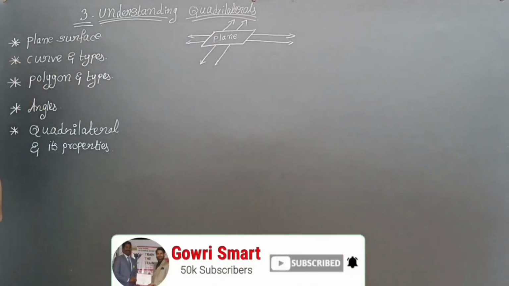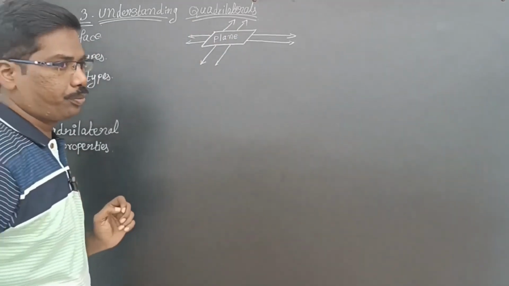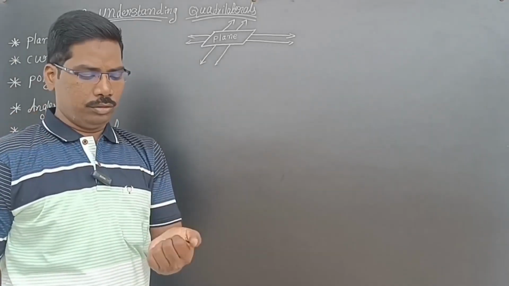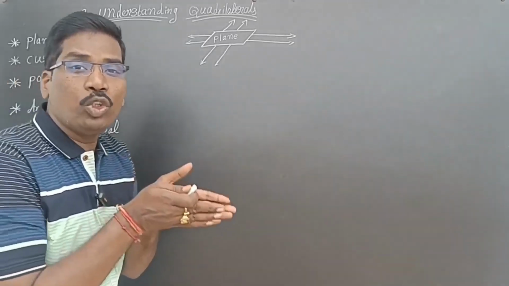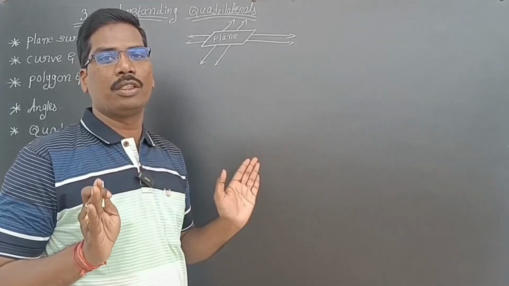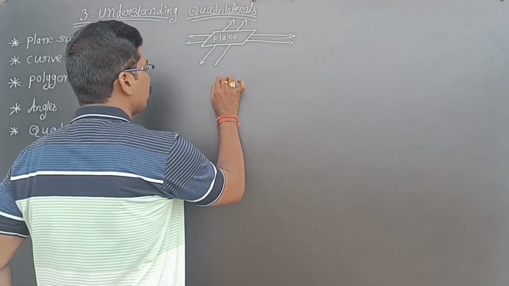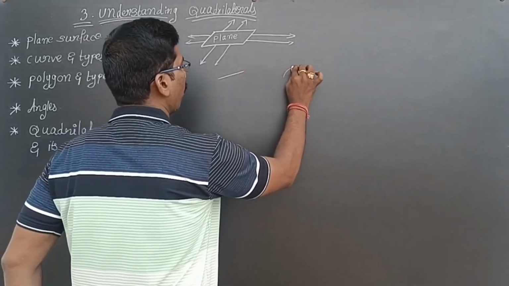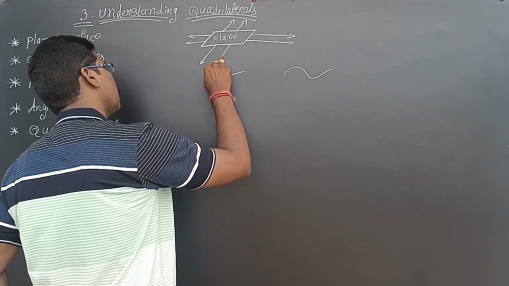Next, curve. What is a curve? A smooth line or a smooth figure, a smooth path. See, I am drawing smoothly, like this.